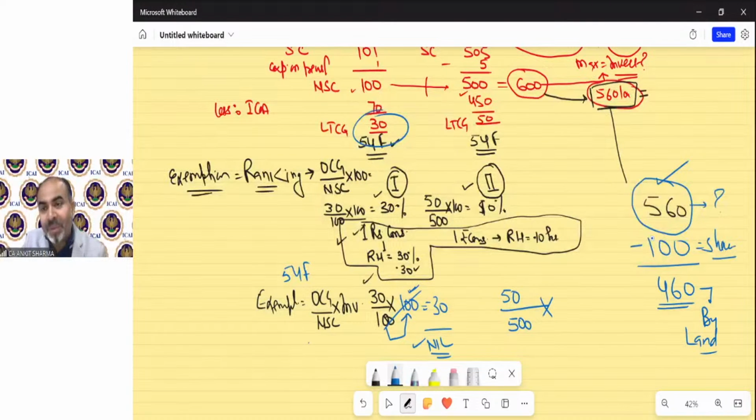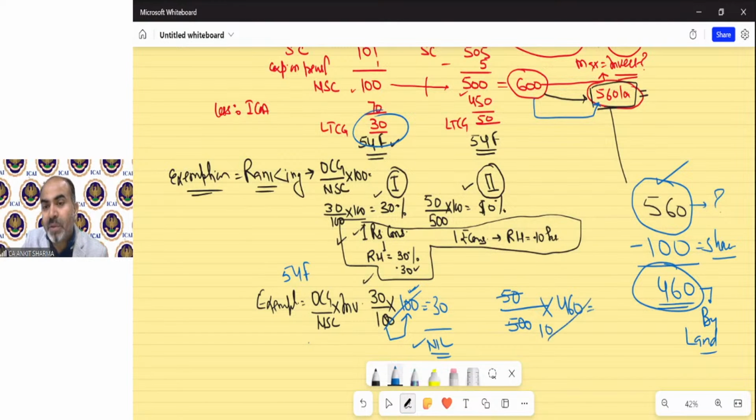No. Because only 460 has been invested. That's why I was saying that the examiner will not give full investment in this 560, because if they provide full investment, then what you will do? You will write 500 over here and there will be no capital gain, fully exempted. But in this case, that will not happen.